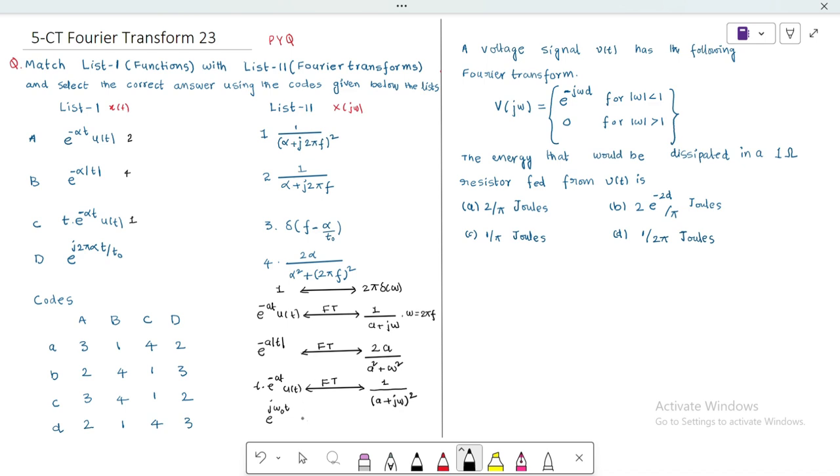So with frequency shifting, that equal to 2 pi into del of omega minus omega naught.